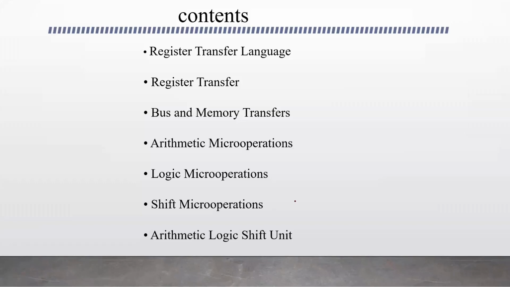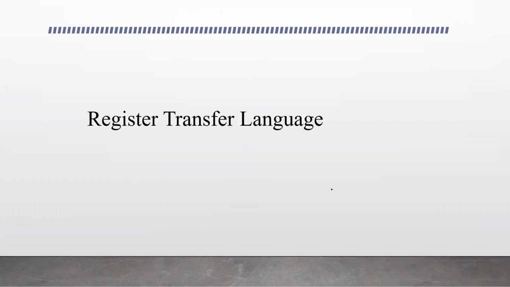Then shift micro operations, shifting the content of the register to the right or to the left, and the arithmetic logic shift unit, an arithmetic and logic unit that performs arithmetic, logical and also shift operations. We are going to cover all these in this particular chapter.